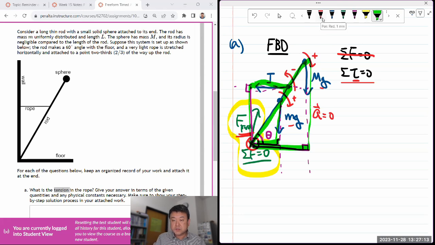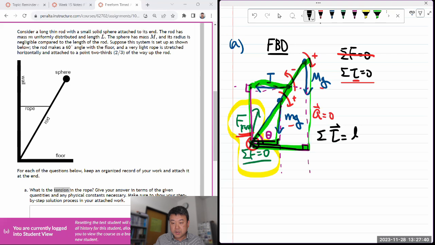So let me just do everything in one shot. I'm going to go to step number 4, writing my net torque, Newton's second law equation, the net torque equation. My net torque is going to be, let me start with the gravitational force, the lever arm, this segment times the force, and this segment, I can see that is the adjacent side of a hypotenuse of length L over 2.